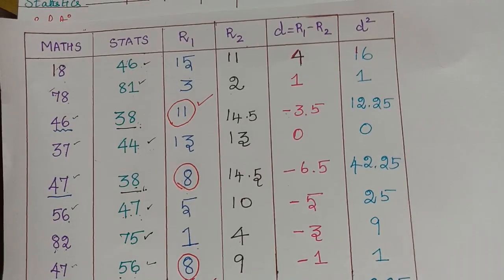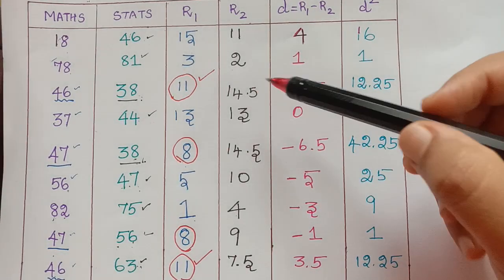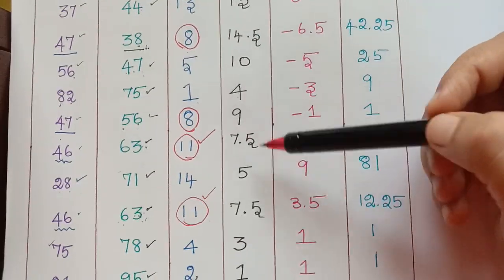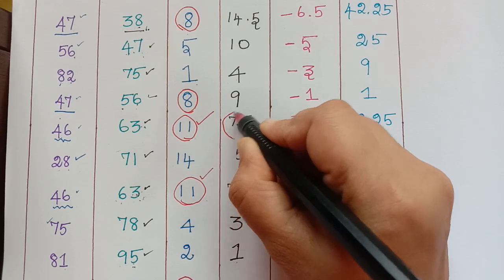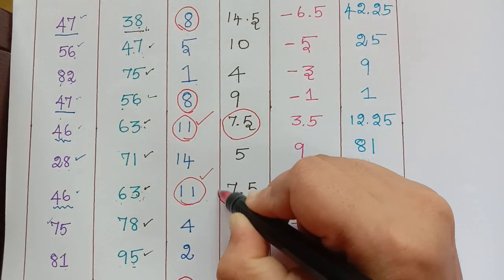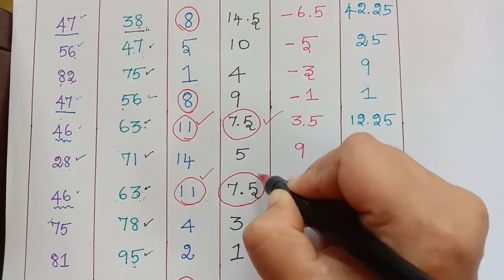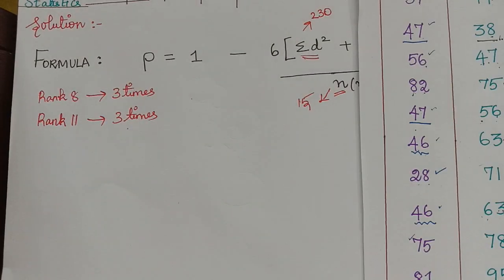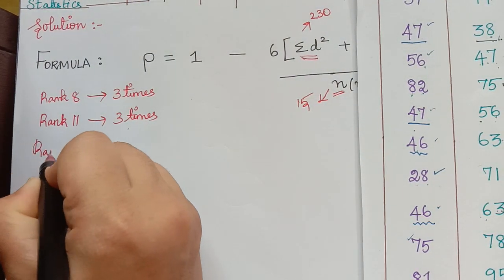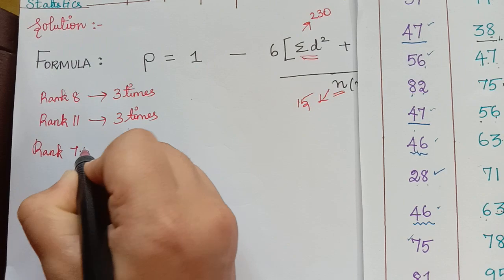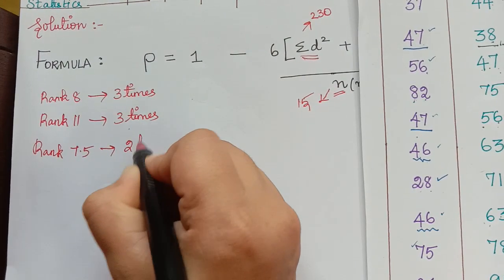Now that's all in rank 1. In rank 2, what are the ranks repeated? First we had 7.5 repeated. So rank 7.5 is repeated how many times? 2 times.